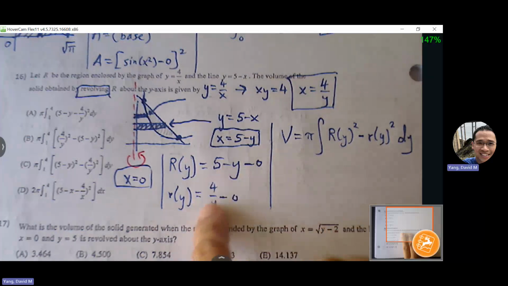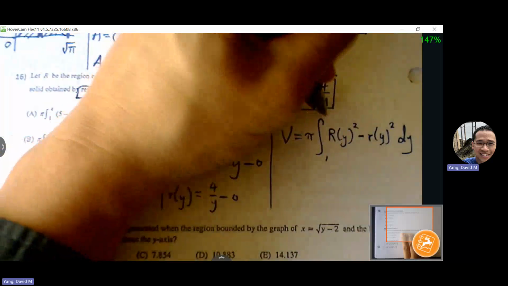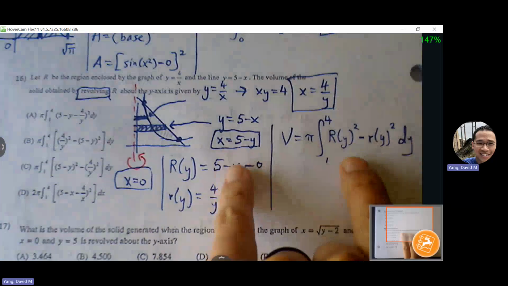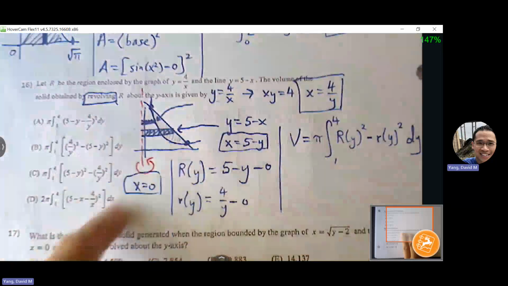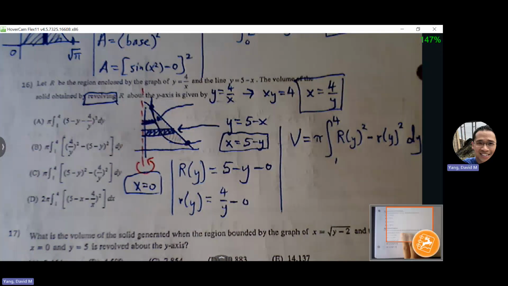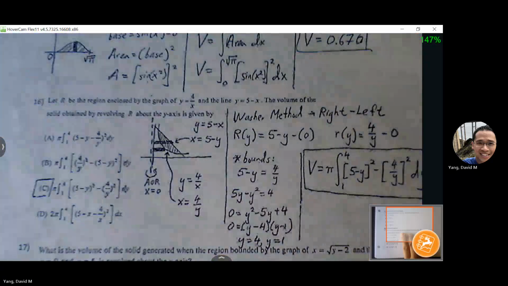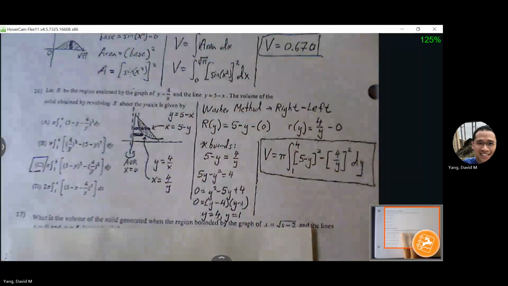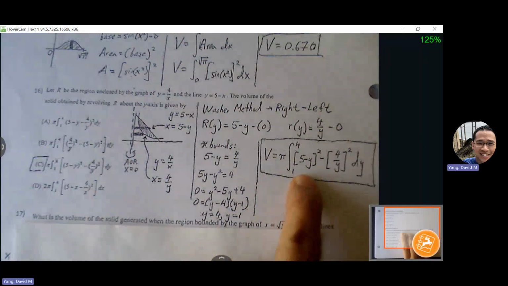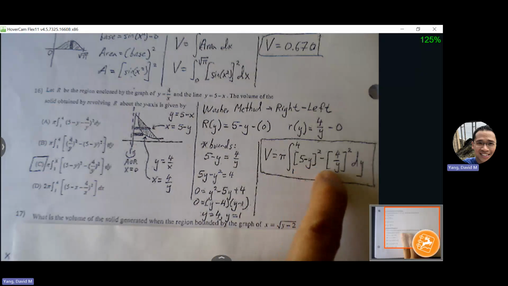We're going to get 1 and 4. So we know our bounds are 1 and 4. We just have to insert big R squared and little r squared and match it up. No need to solve, just have to set it up. Okay. 5 minus y quantity squared minus 4 over y quantity squared dy.